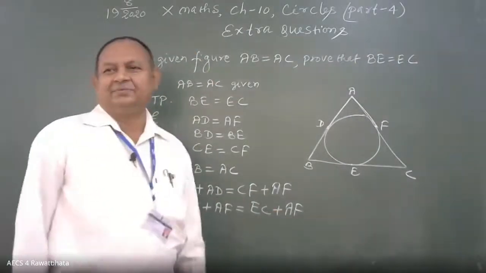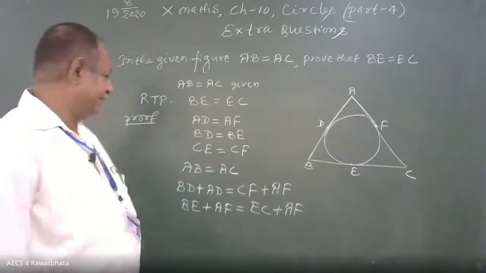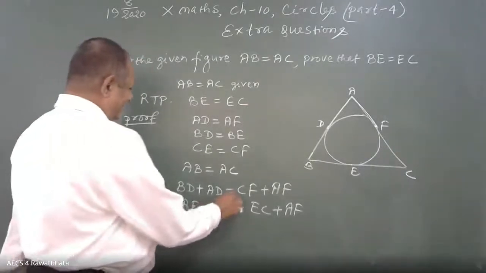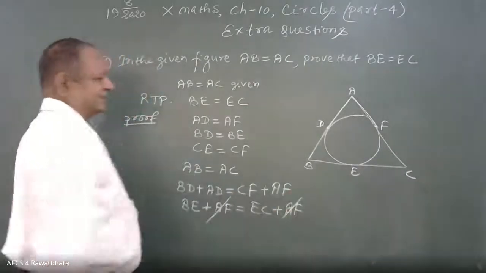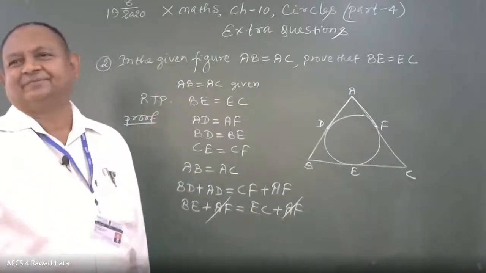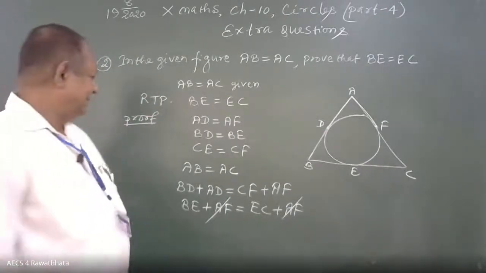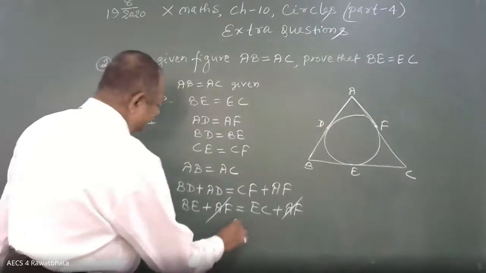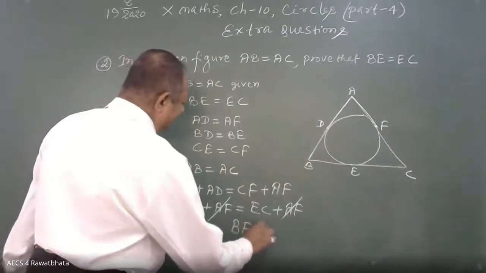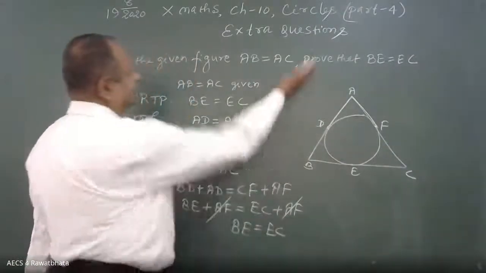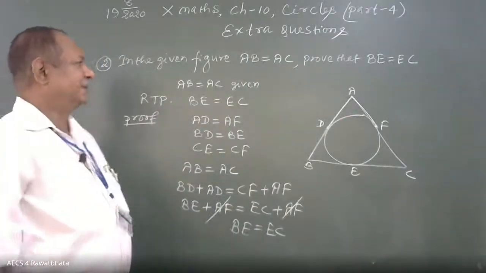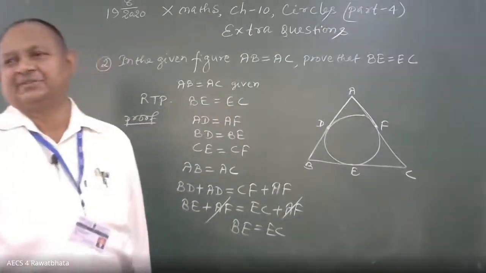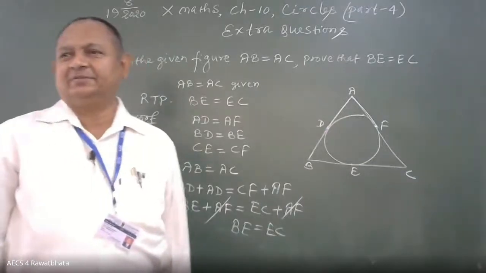And plus AF as it is. Now AF cancels on both sides. Now what is remaining? BE is equal to EC, and this we had to prove. Any doubt?